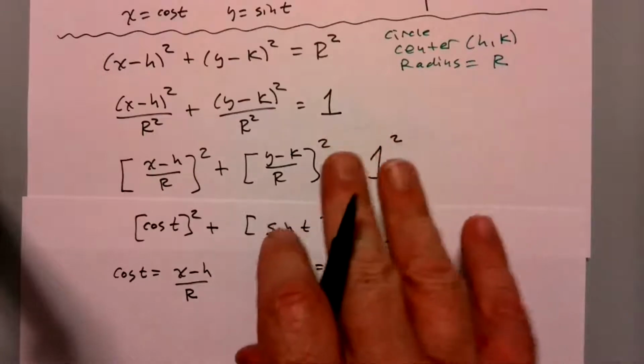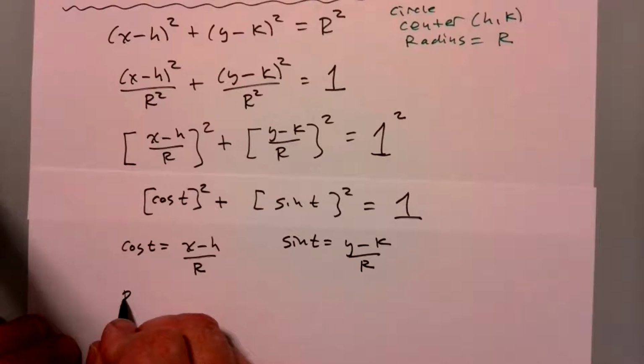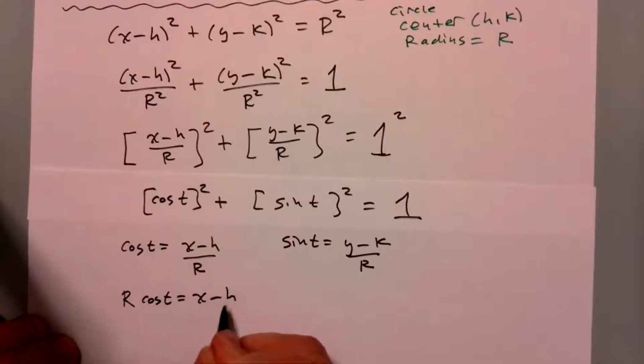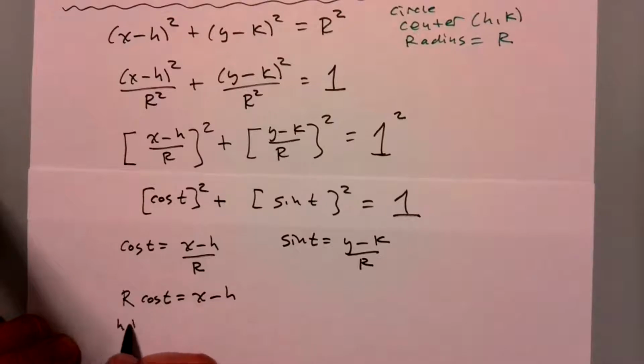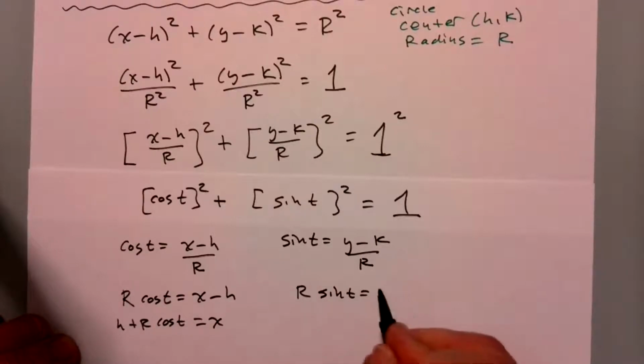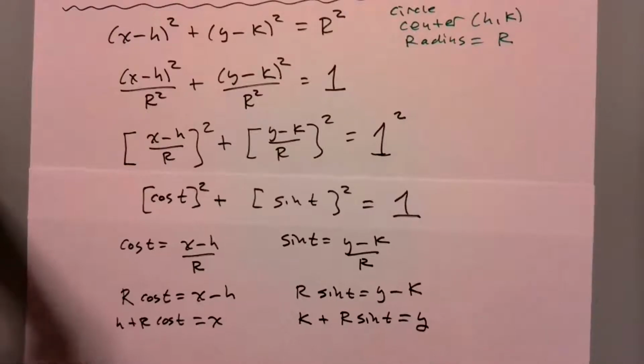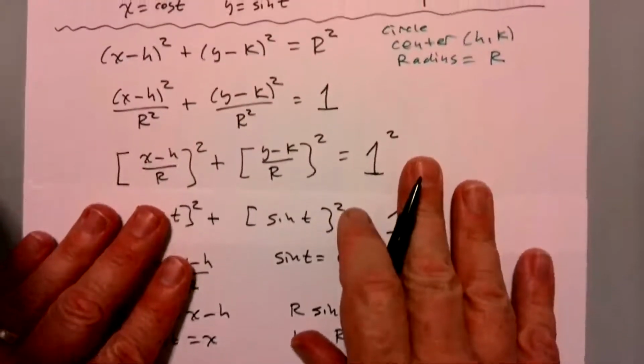I've got to solve for x and y. So multiplying both sides by r, r cosine t is x minus h. Adding h to both sides, h plus r cosine t is x over on this side. R sine t is y minus k. So adding k to both sides, k plus r sine t is y.